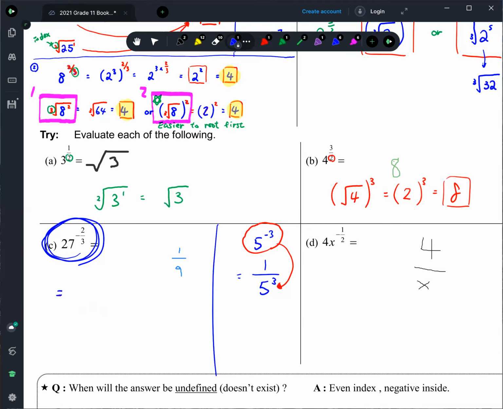Do the same thing for question C. How do you do the flipping then? You can write it on the screen. I'm not really sure, but is it this? No, 2/3, sorry. Hang on.